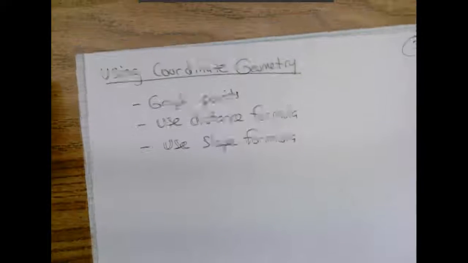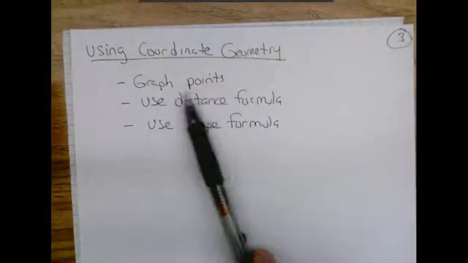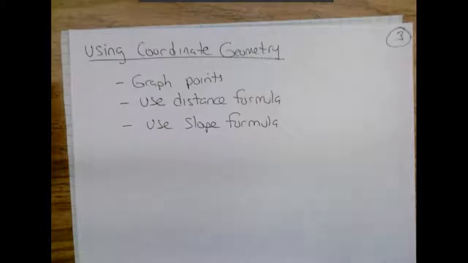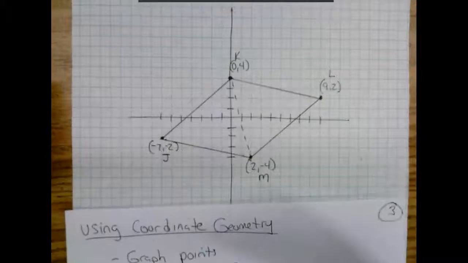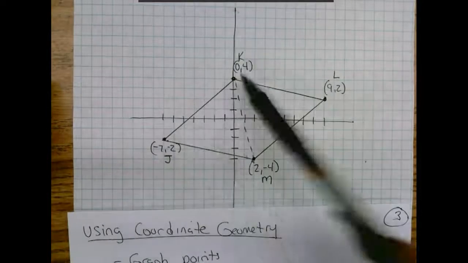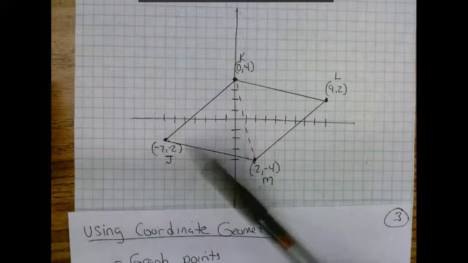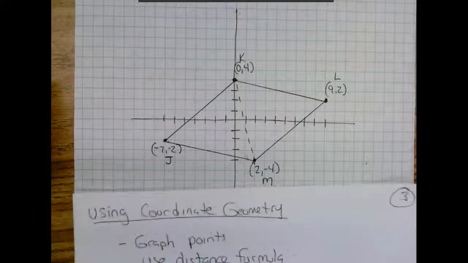We're going to use some basic ideas. The first thing when we're using coordinate geometry, we're going to want to take whatever points we have and put them on a graph so we can look at it. So I've done that here. We have these points on a coordinate system: J, K, L, M. I can look at it and see that this is not a square.